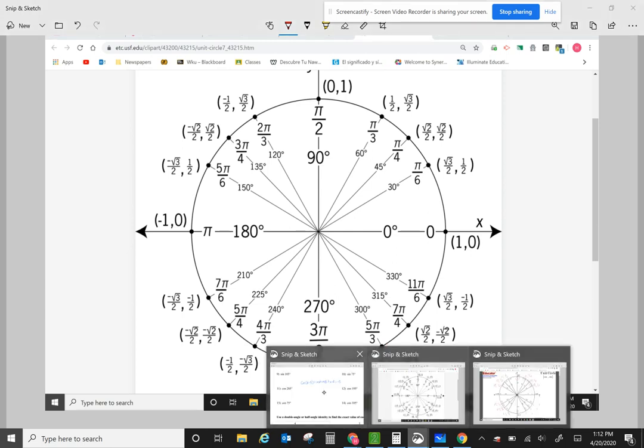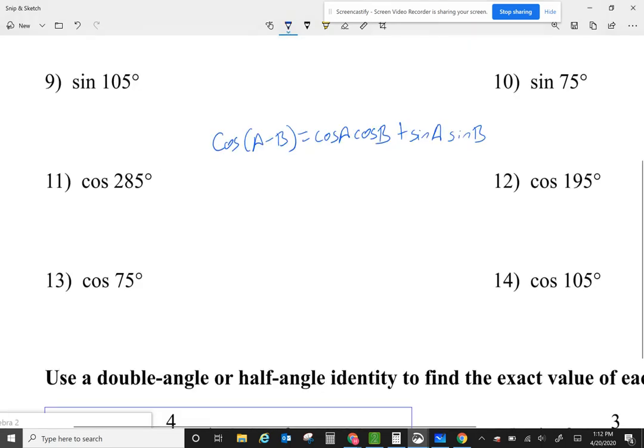I'm going to do, for 285, let me go 315 minus 30. I'm looking at cosine of 315 minus 30. Once again, from my unit circle, from degrees, I'm looking for two numbers that I can subtract to get 285.